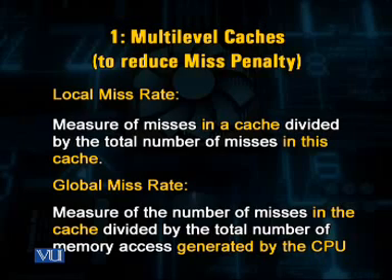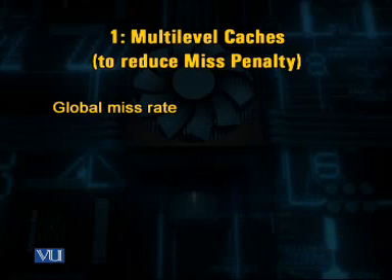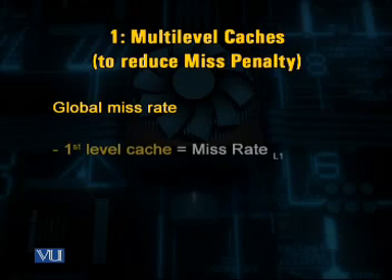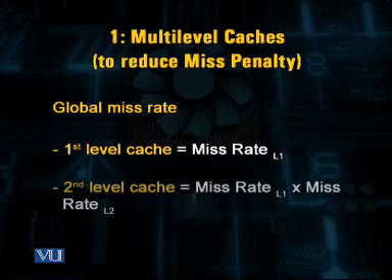Now, by this definition, the global miss rate of first level cache is equal to the miss rate of level 1 cache, whereas the global miss rate of the second level cache is equal to the miss rate of level 1 cache multiplied by the miss rate of level 2 cache.